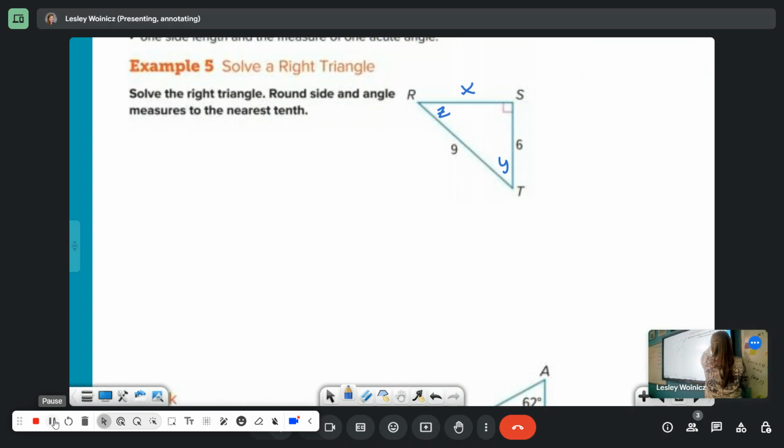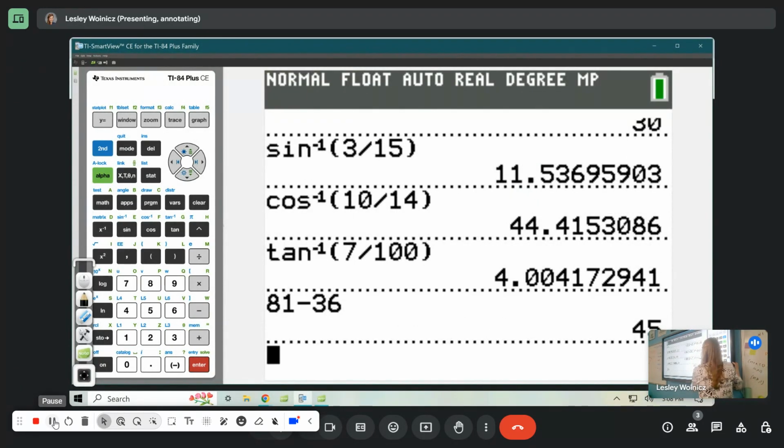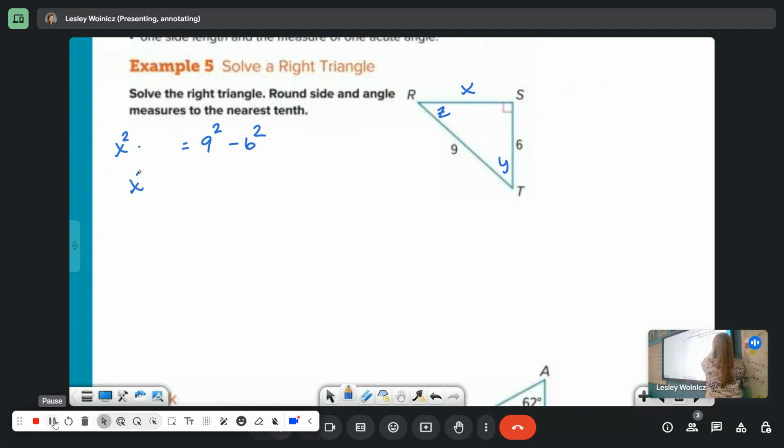So I know that x squared plus 6 squared equals 9 squared, right? So x squared equals 9 squared minus 6 squared. Everybody follow that? So 81 minus 36. I'm getting 45. So x squared is 45.